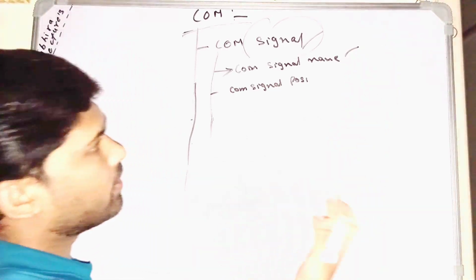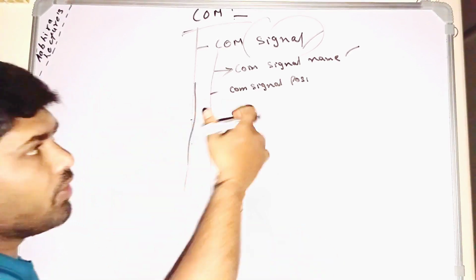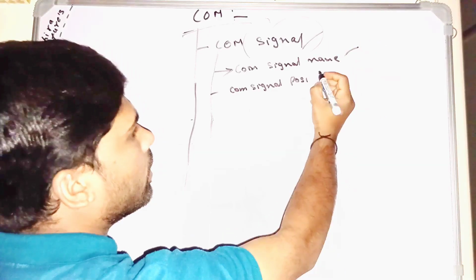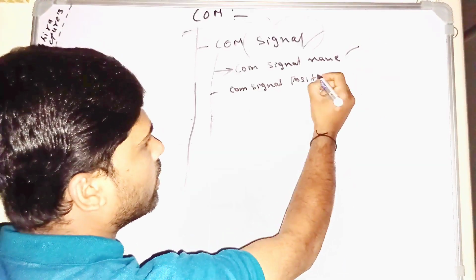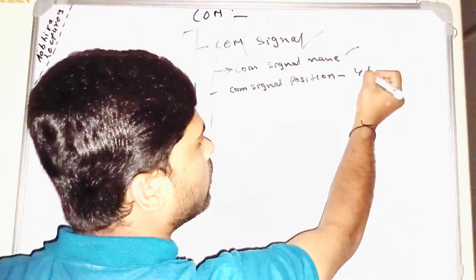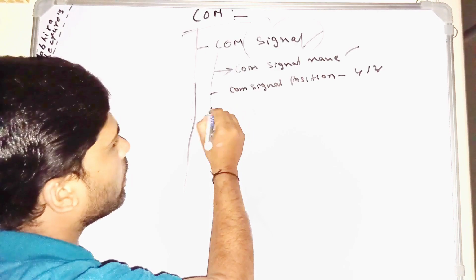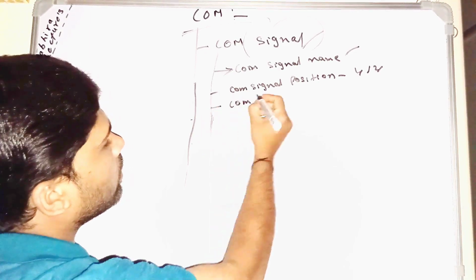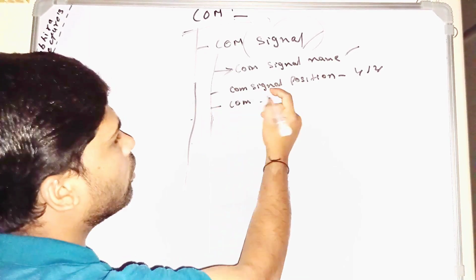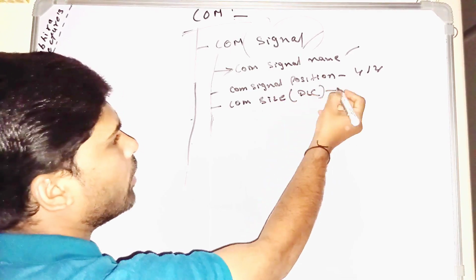Any signal name, like vehicle speed, that we have to give. So here we will write the signal name. Then signal position: what the position of the signal is, whether it is 1, 2, 3, that we have to give in the signal position. Now COM size. Size is nothing but DLC. We have to give the size of this signal.